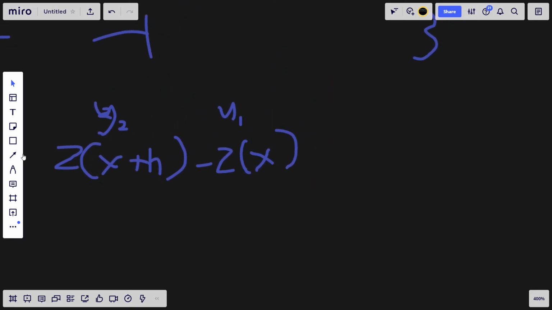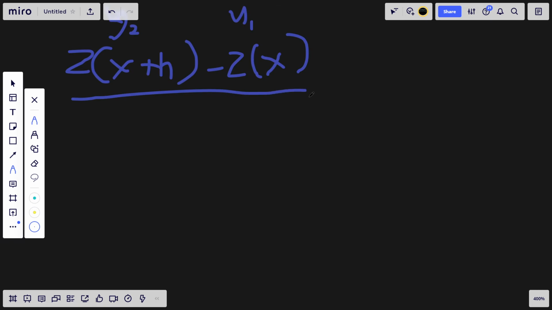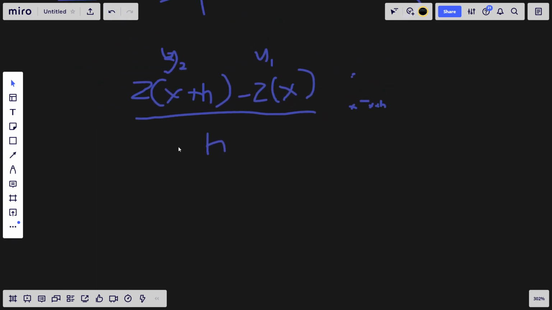Minus z of x, that would give you the vertical rise, because we're finding this point, and this is finding that point right below it, and we're just subtracting that distance. And now, simply, what's the distance between x plus h and x? h! And so, we have our equation.